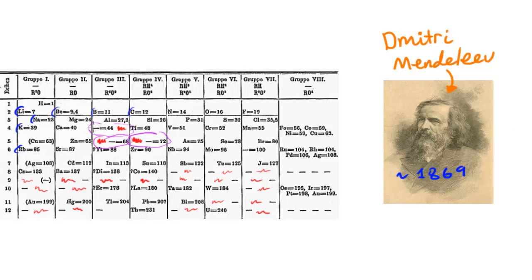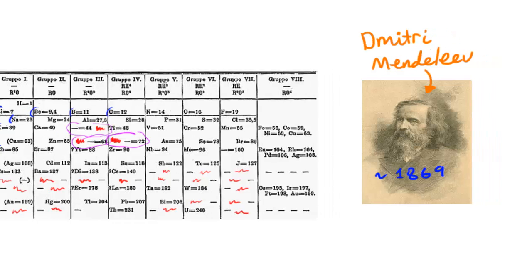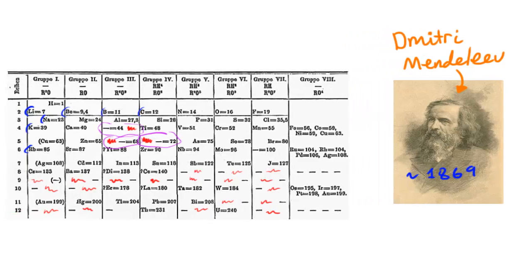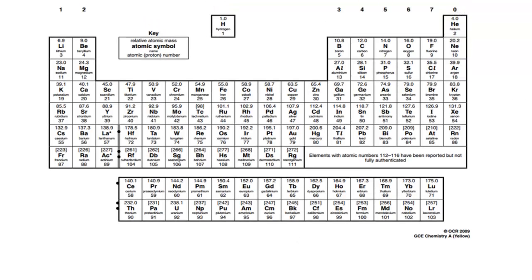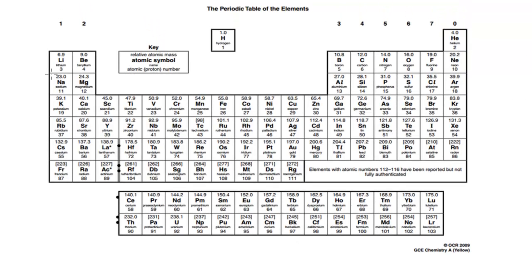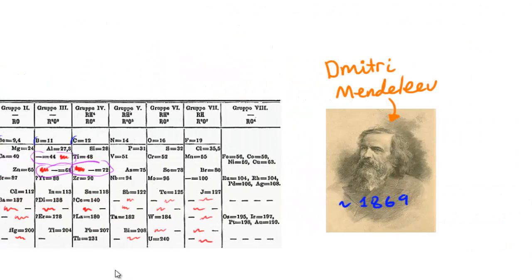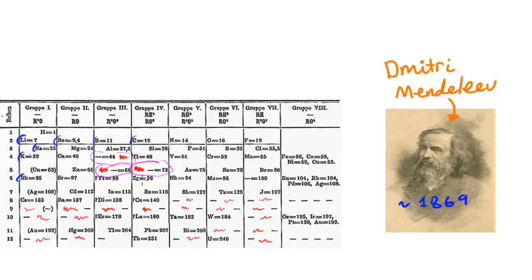And now this element here, which he predicted had a relative atomic mass, or atomic weight, of 44, corresponds to, let's see, 44. This corresponds to scandium, which I have here. And if we take a look again at the periodic table, we have one here which says 68 and one that says 72.